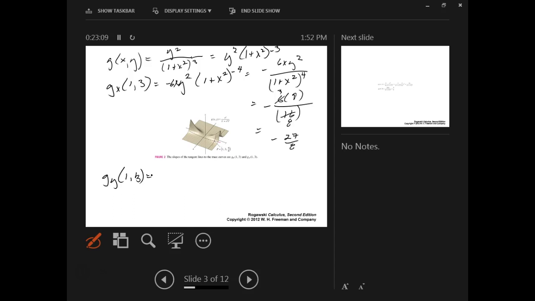Now again, I don't dislike this term here. In fact, it doesn't really matter. You can use either one of them. I'm going to stick to the one that has negative 3 in it.